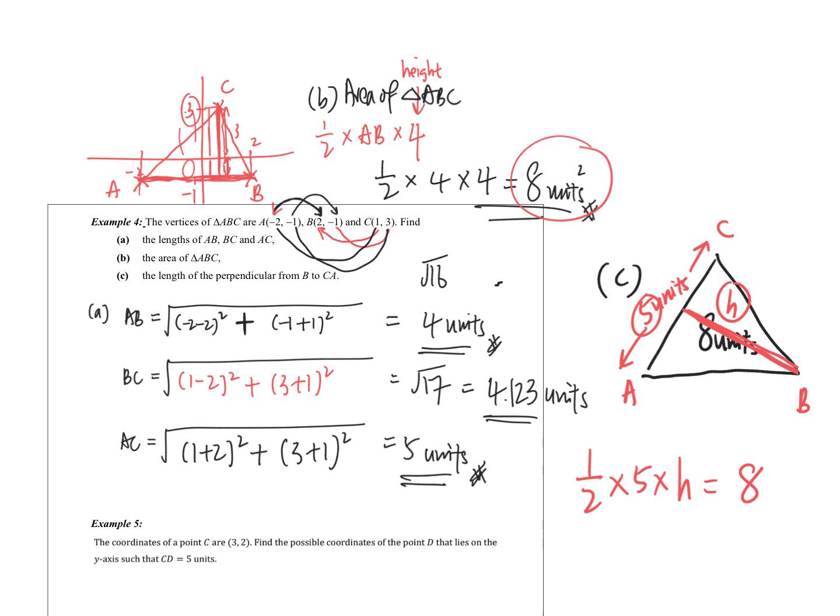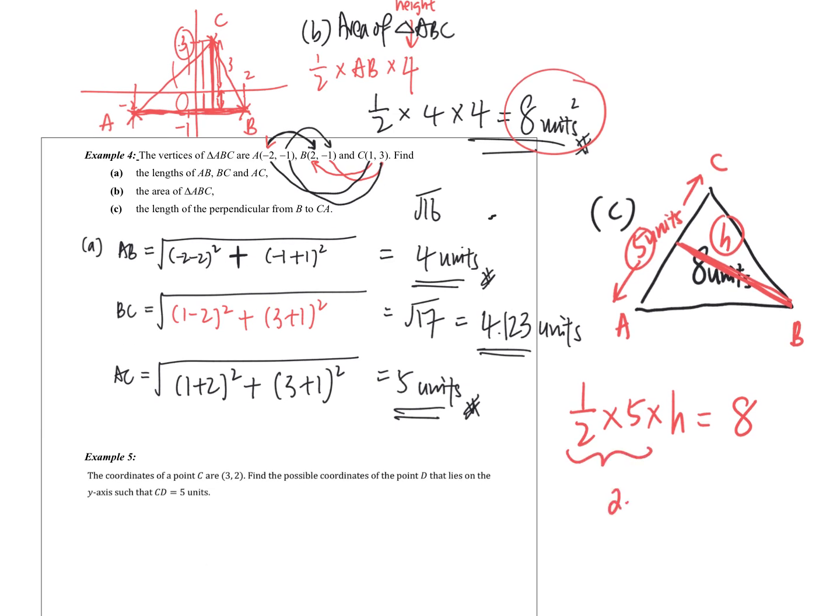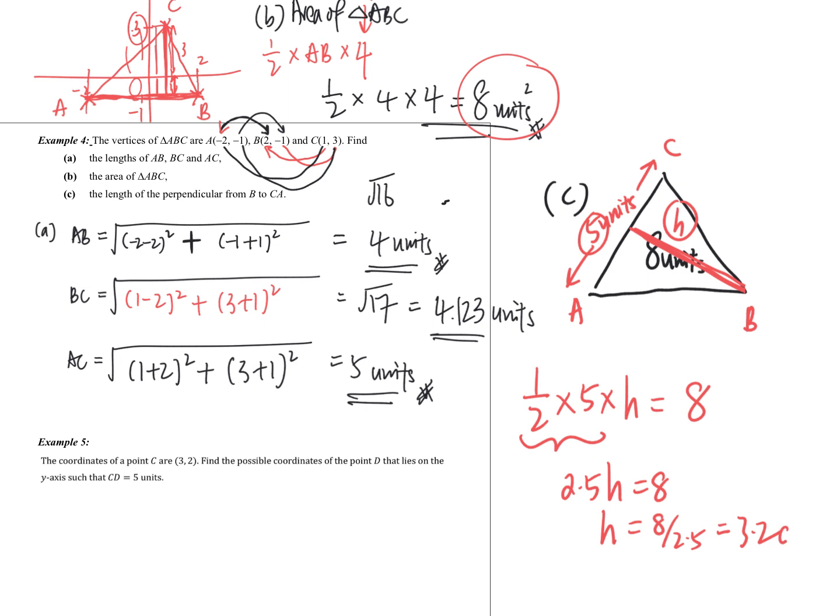So to find h, I need to simplify this first. So h is just 8 divided by 2.5. No, I don't have a calculator. It's like mental sum genius. I know, correct already. 3.2 cm.